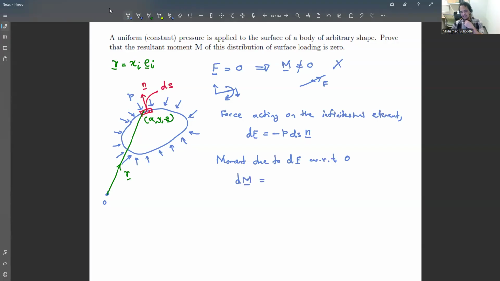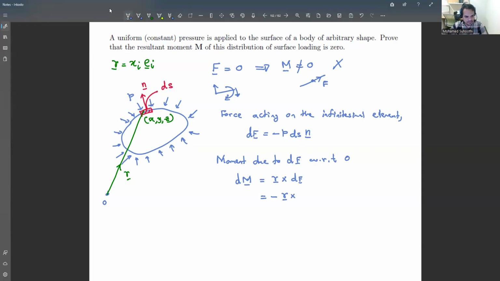This is something you studied in your statics: the moment is the position vector cross multiplied with the force, right? When I substitute df, I can take this minus in front, position vector cross product with this one.